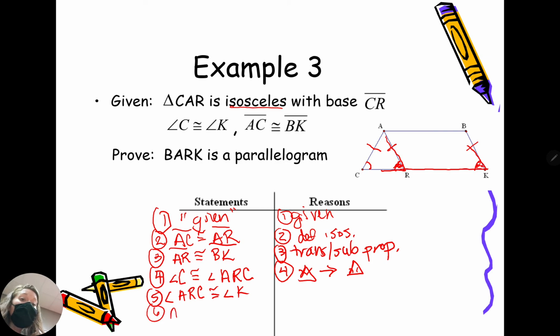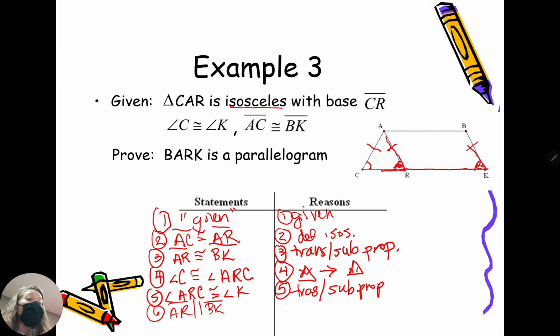So I know that AR is parallel to BK. Whoops, sorry, I forgot to put that reason there. That's, again, transitive or substitution. Got ahead of myself. So we used transitive or substitution to get the angles congruent as well, right?